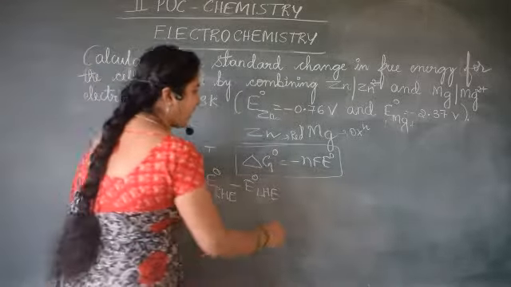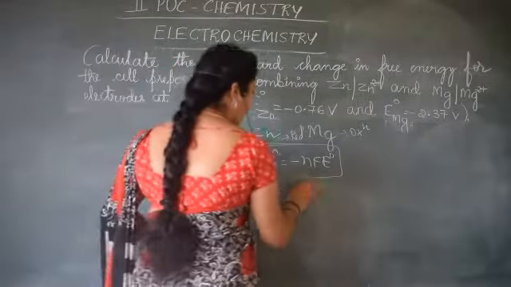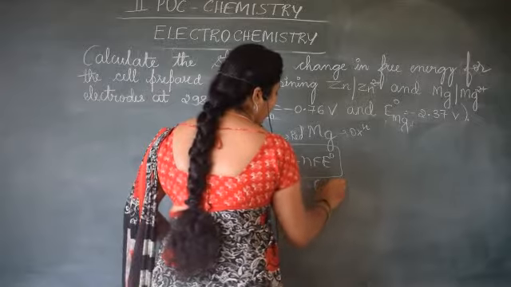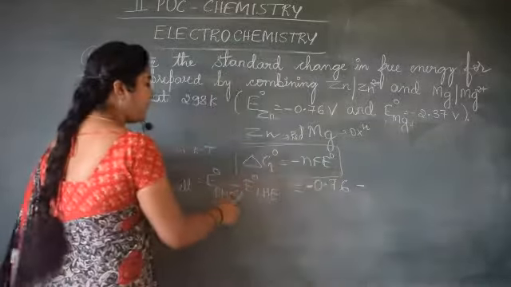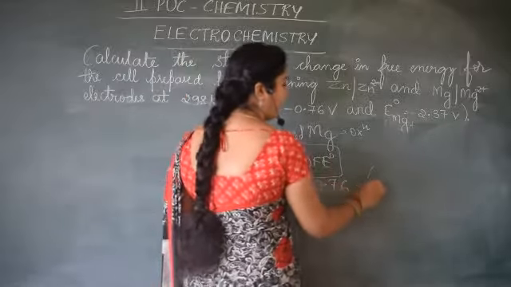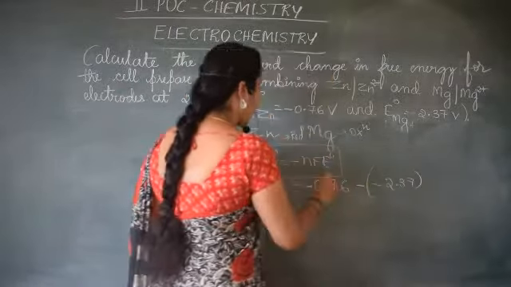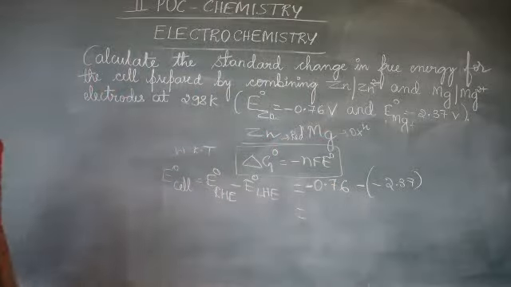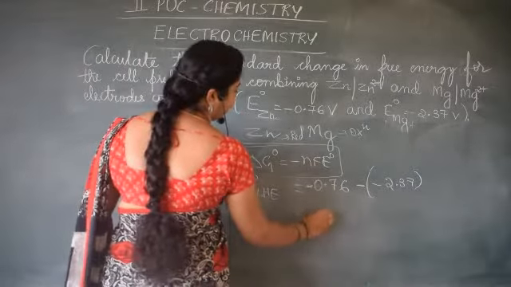So the right hand electrode value is minus 0.76, minus, here minus of minus 2.37. Just calculate and check what value you will get. You will probably get around 1.61 volt.